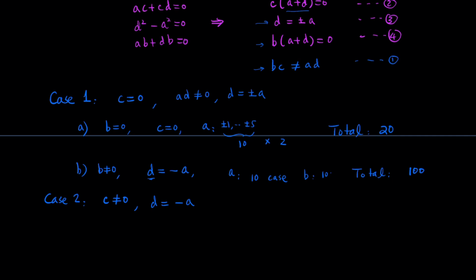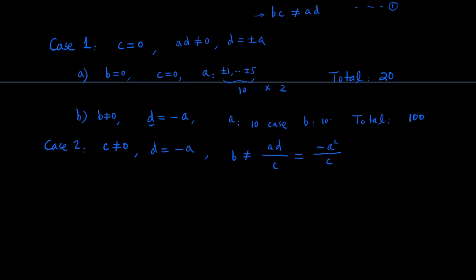So if we pick A, then D is given. So C is not equal to 0. So here B cannot equal AD over C. Now what is AD? Because D is negative A, it's negative A squared over C. Alright? So let's do casework.